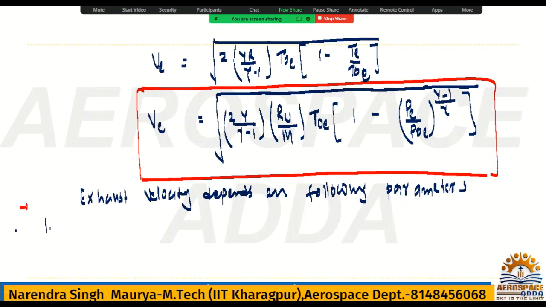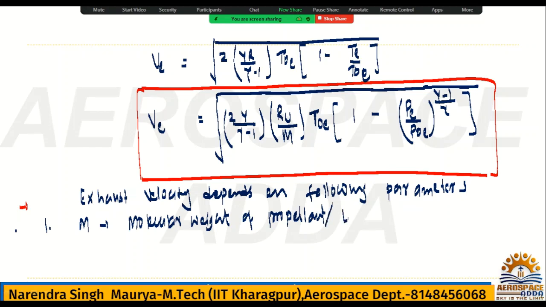Number 1: M is the molecular weight of the propellant, or you can say of the exhaust gases.